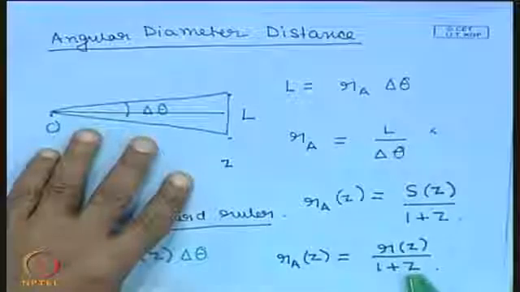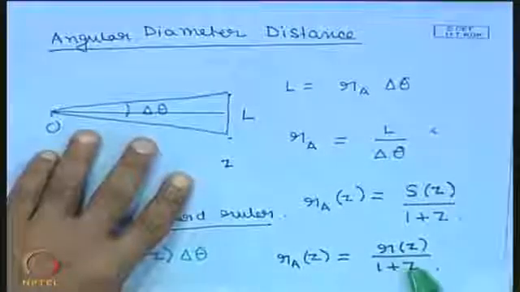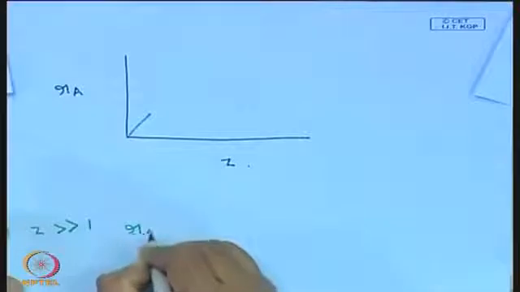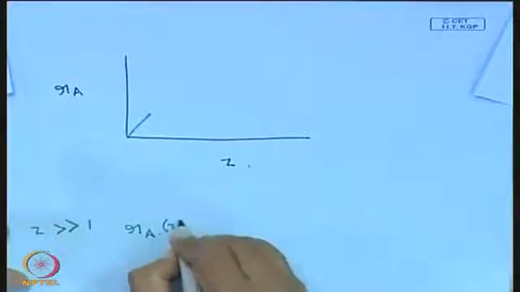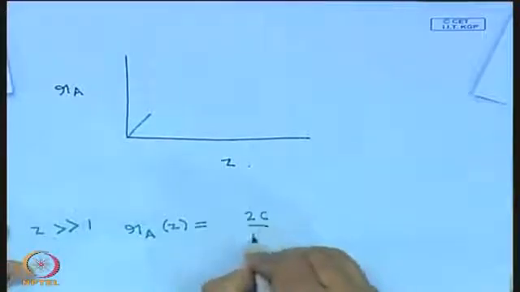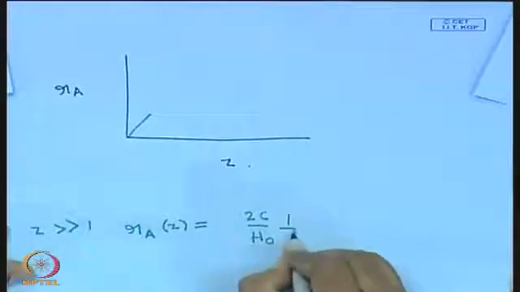At large z, 1 plus z is approximately z. So, for very large z, the angular diameter distance is equal to 2c by H naught times 1 by z.